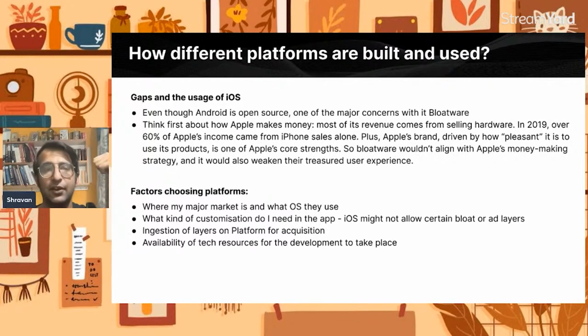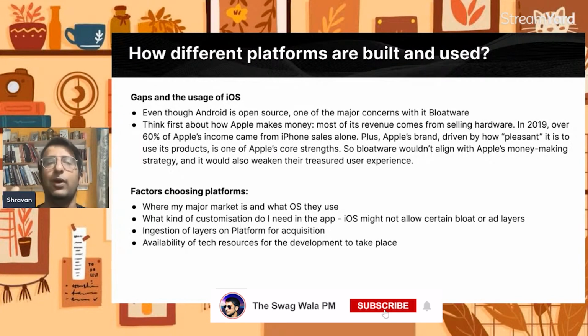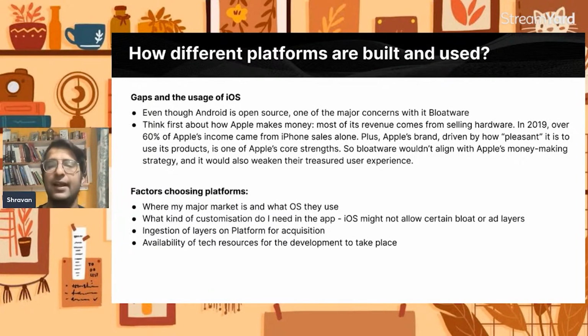The first factor is where my major market is and what OS they use. You are a podcasting company and the podcasts are 10 rupee podcasts, which can be used in tier 2, tier 3 cities, and it's multilingual, meaning different languages, say Telugu, Tamil. So which platform would you use, Android or iOS? Absolutely Android, because your major market is primarily in tier 2, tier 3 cities where nobody uses iOS, they don't have iPhones.